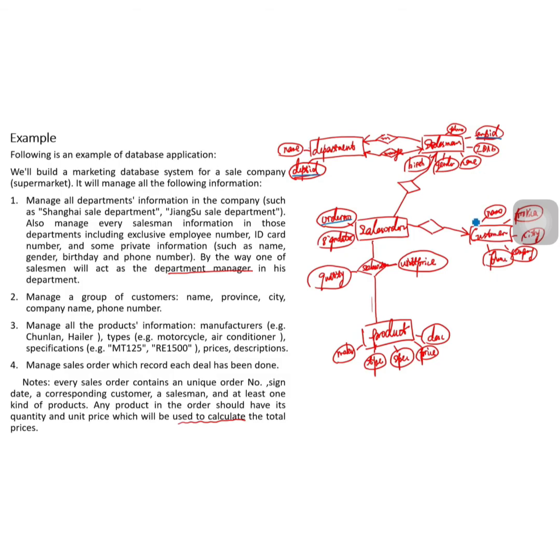So you can add an ID, for example, customer ID, as primary key. And you can also add product ID as the primary key of product.